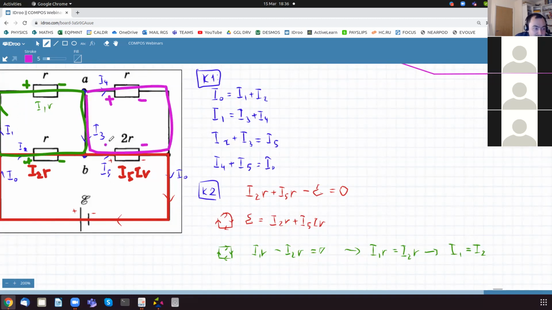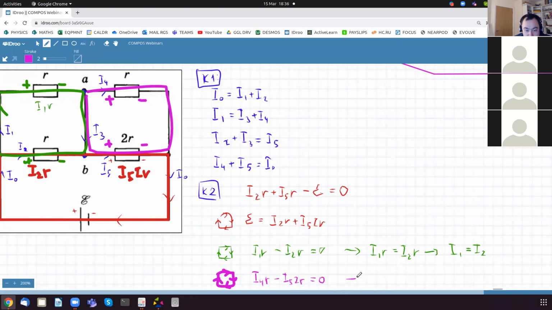So for the purple loop, we have I4R minus I5 2R is equal to 0.